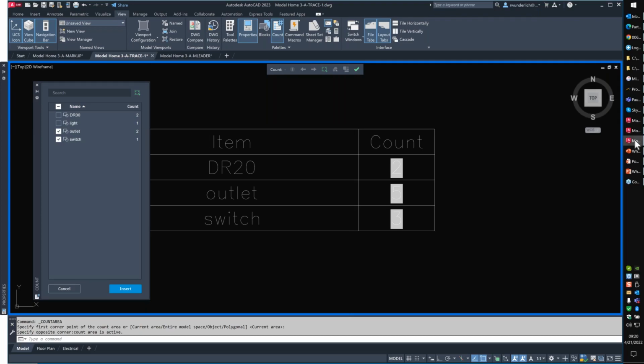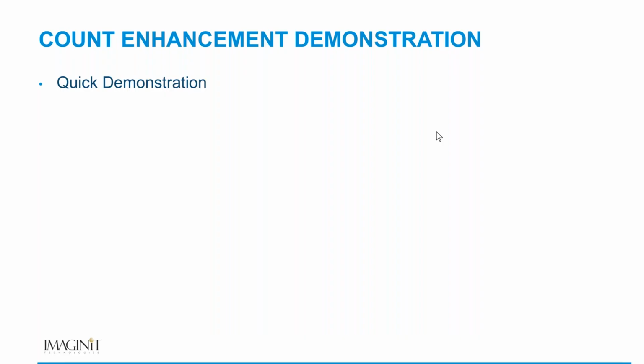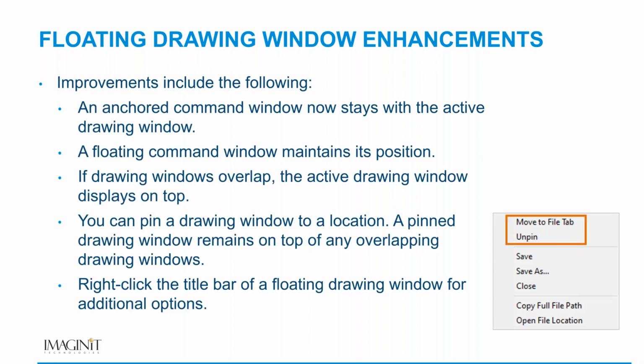Right. So that's our count enhancements. All right, and now we're going to talk about our floating drawing window enhancements. So they've done some enhancements to the floating window so you can drag tabs off and put them on other windows. An anchored command window now stays with the active drawing window.